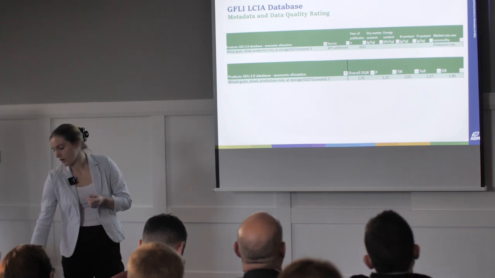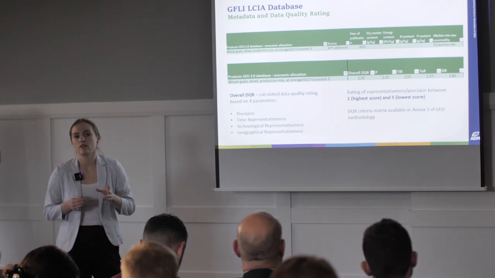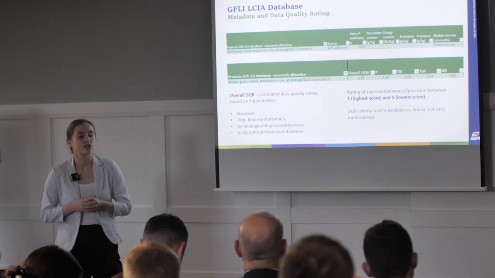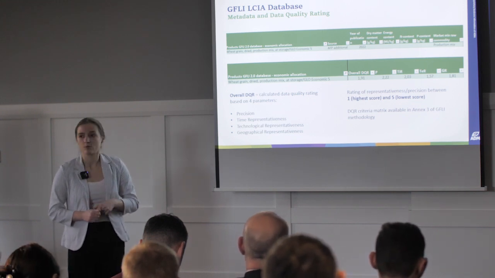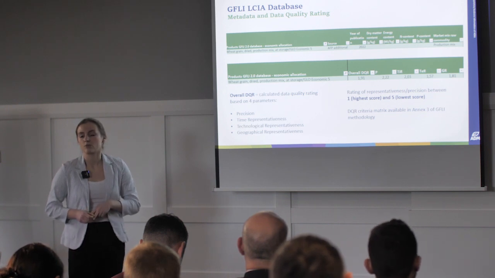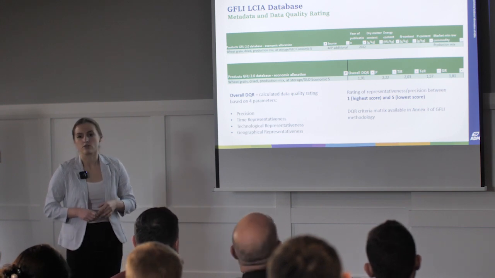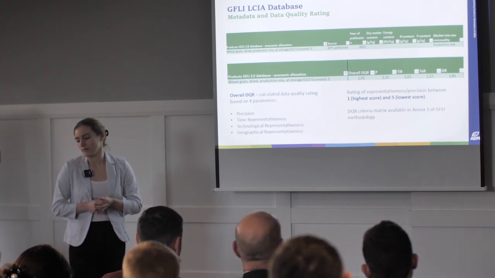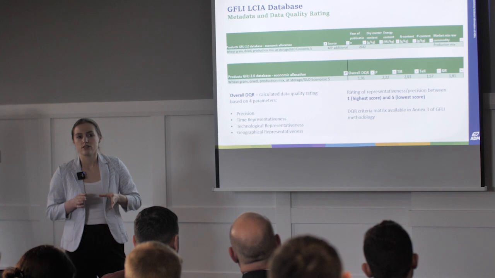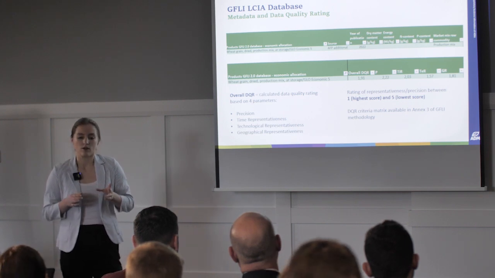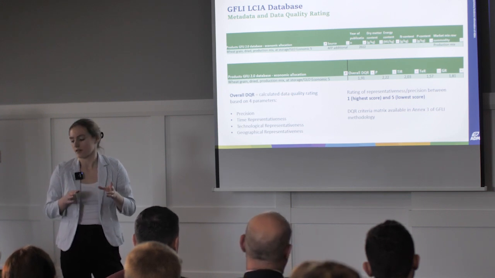So the overall DQR is basically the calculated data quality based on 4 aspects, namely precision, that's what the P stands for, TIR, it's time representativeness, technological representativeness, this is TER, and GR is geological representativeness or geographical. So in the end, there's a matrix that's also available in the GFLI methodology, where you can see, okay, which rating would you give to certain input data.